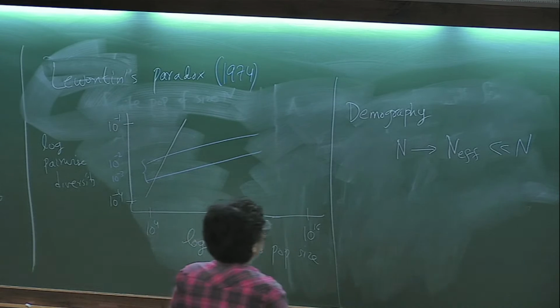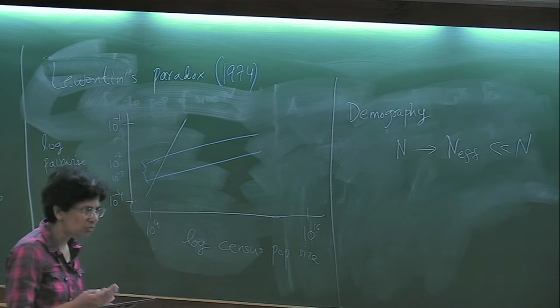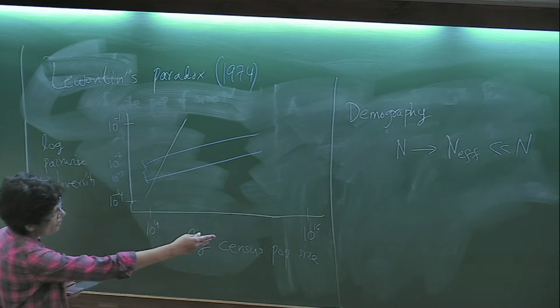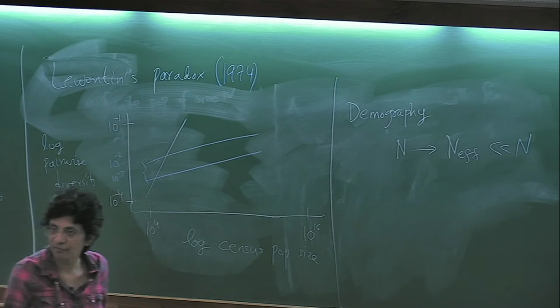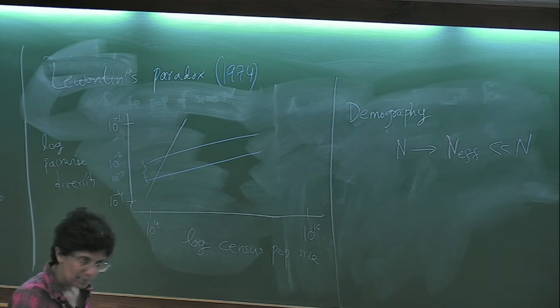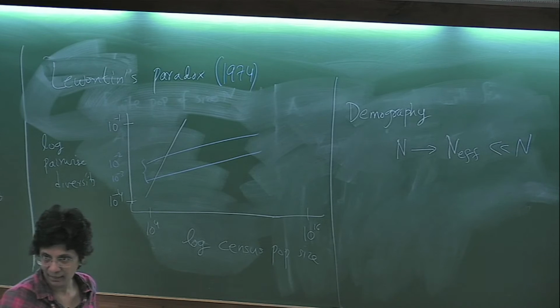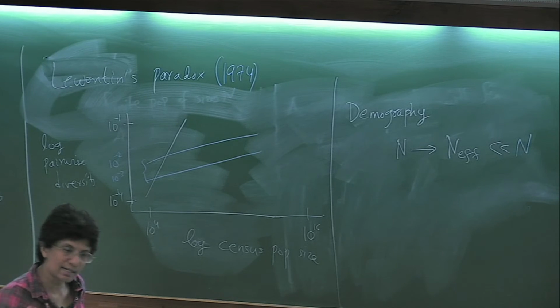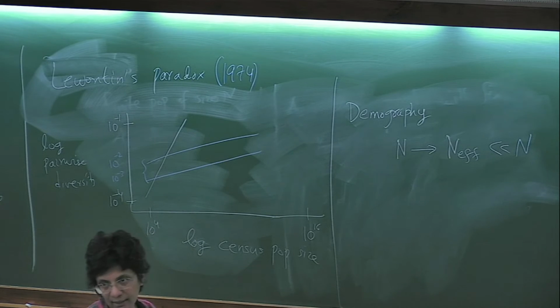So the idea is that it's not 16 or 12 orders of magnitude, it's something much smaller, and maybe that's the reason you have a smaller range for the pairwise diversity. People have done a lot of work, and it is a very important factor, but right now, quantitatively it still does not capture this data.